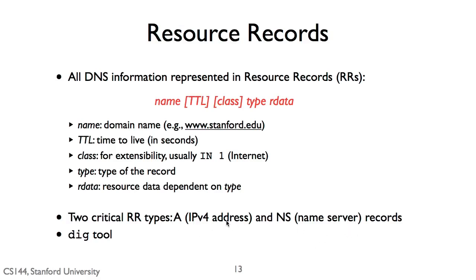An A record tells you an address associated with the name. So it'll say type A, the RDATA is an address, the address associated with the name. Whereas a name server record, an NS record, will tell you the address of a name server associated with the name.